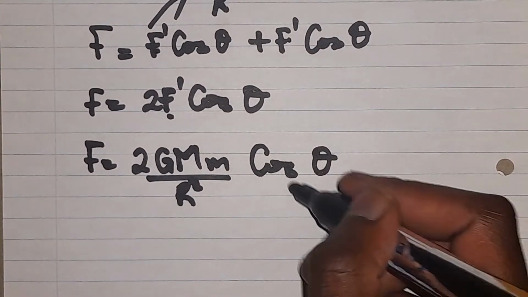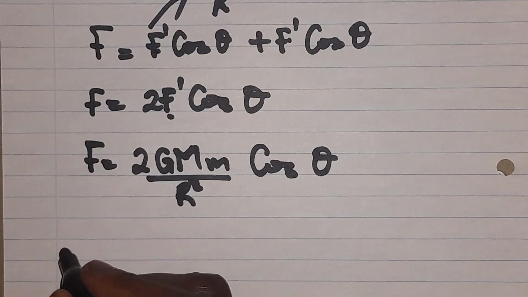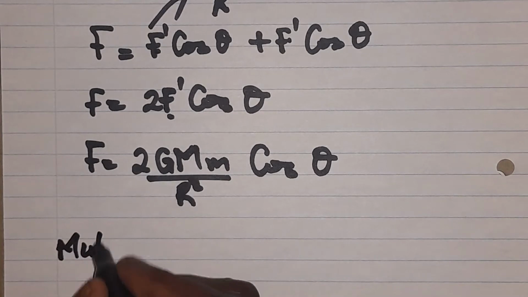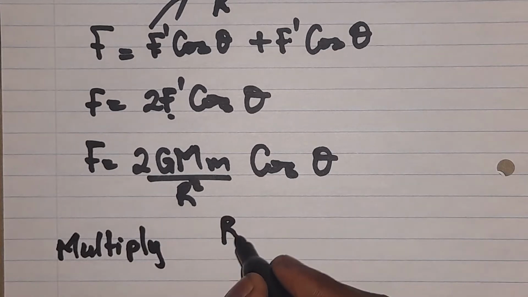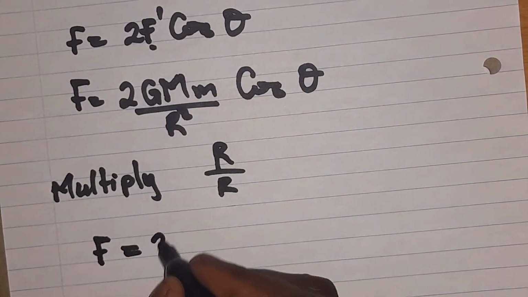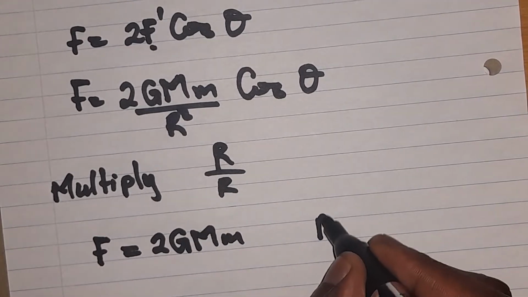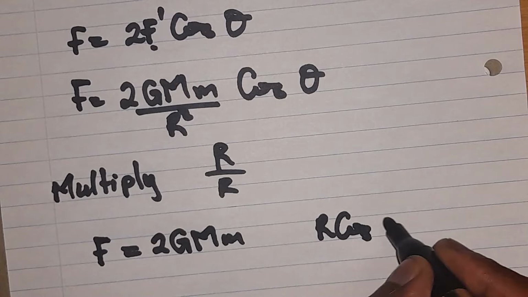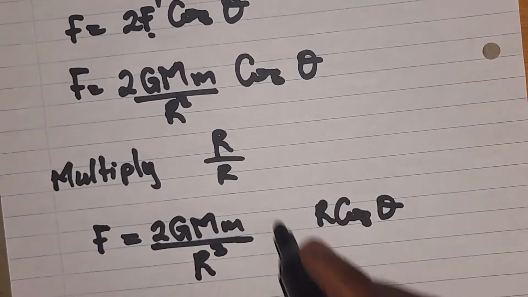So if we multiply both the denominator and the numerator by r, multiply by r all over r, we get that our F is equal to 2 G M m r cos theta all over r cubed, right?